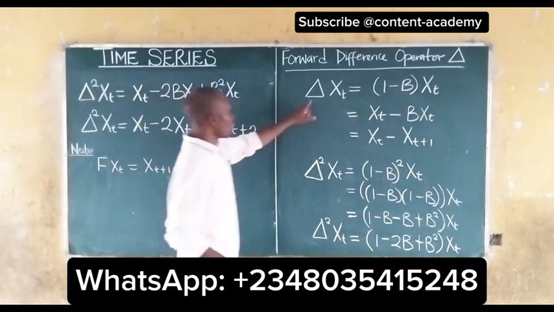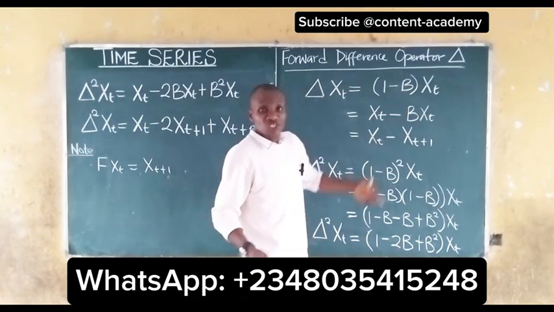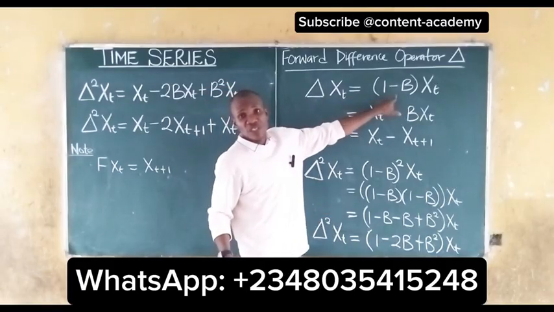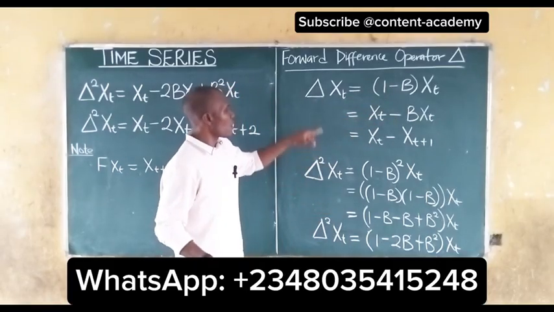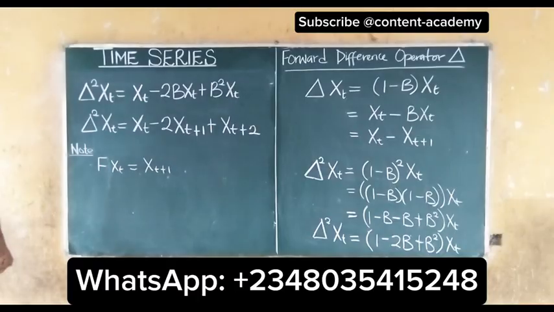We use B here because of this. We would have used F if we wished, but it's still the same thing. They are all shift operators, so that you understand it better.